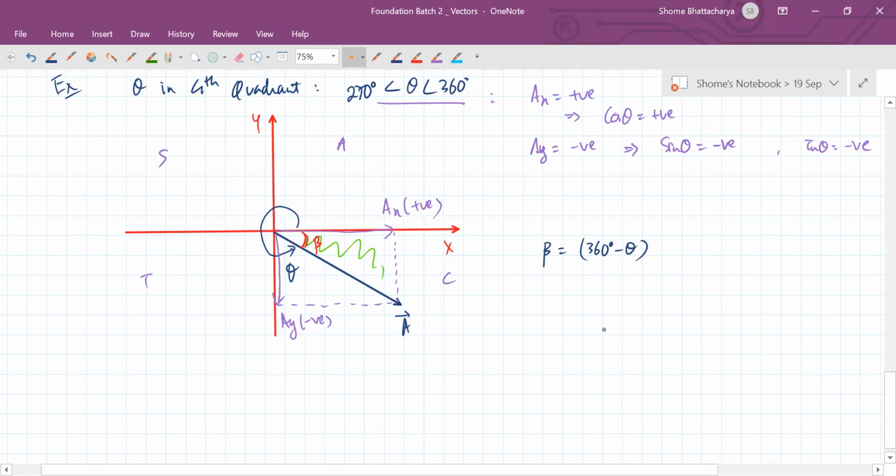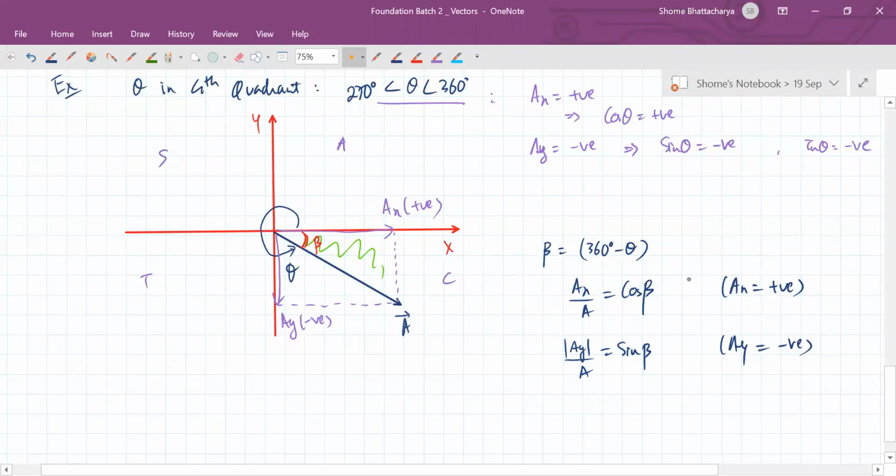Okay, and you can see that ax upon a is cos beta because ax is positive, whereas mod of ay upon a is sine beta because ay is negative.